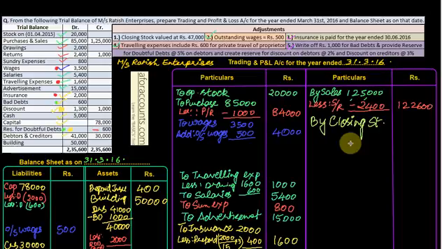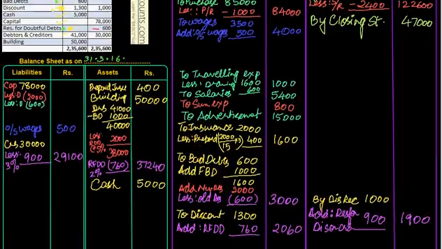How much is the closing stock? 47,000. And at one more place asset भी तो है हमारा closing stock. So 47,000 in your asset side. Closing stock 47,000.